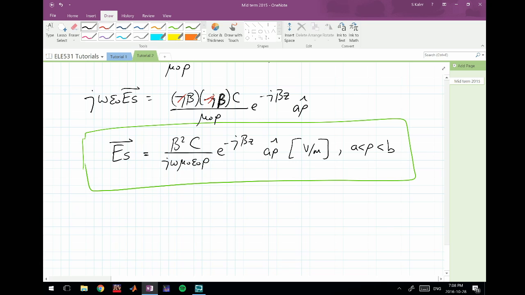Okay, so next it asks for the skin depth for the inner conductor, rho less than a.